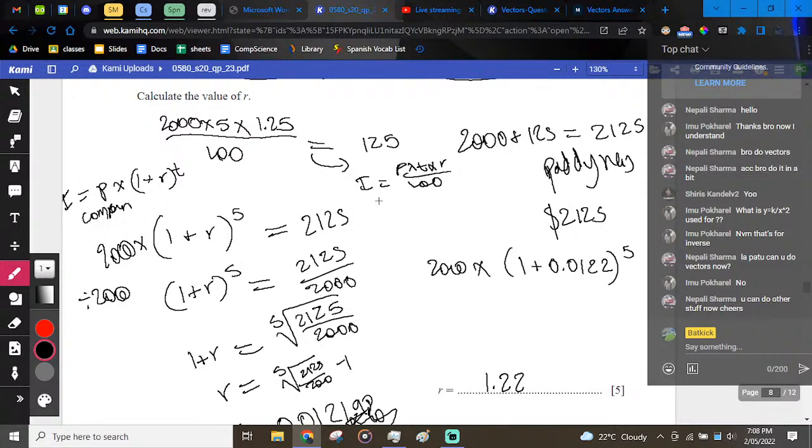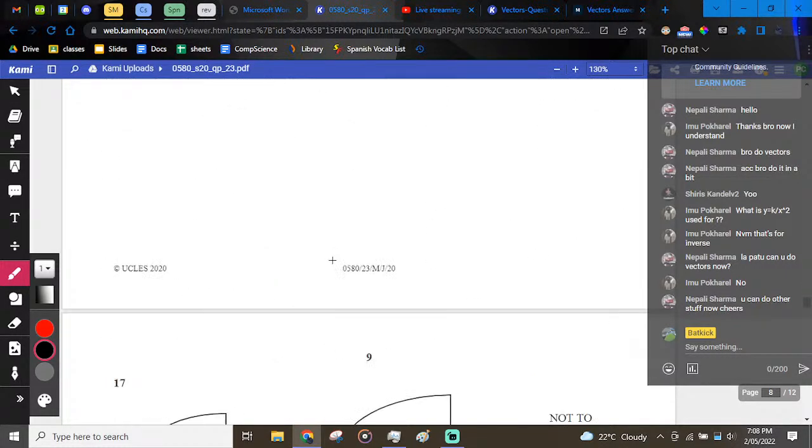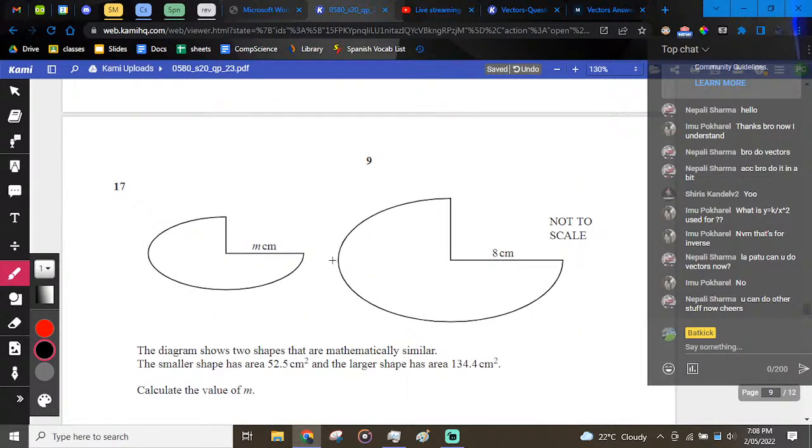You should get 2125. It's well worth checking your answers, and I've checked it and it's correct. 5-mark question, you don't want to lose marks there.